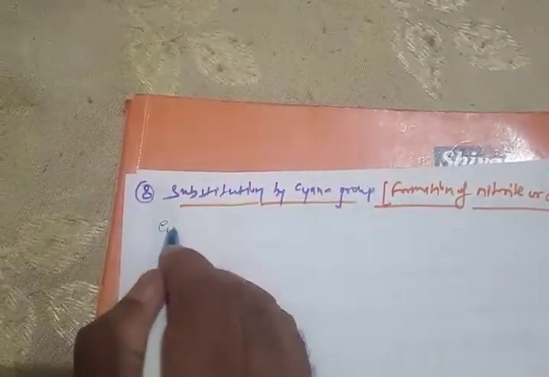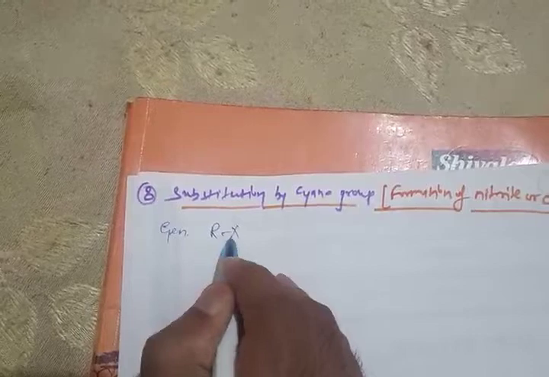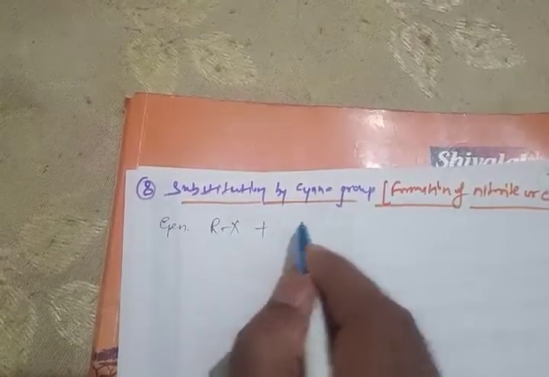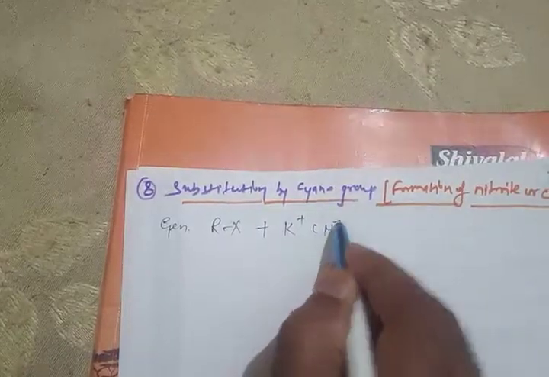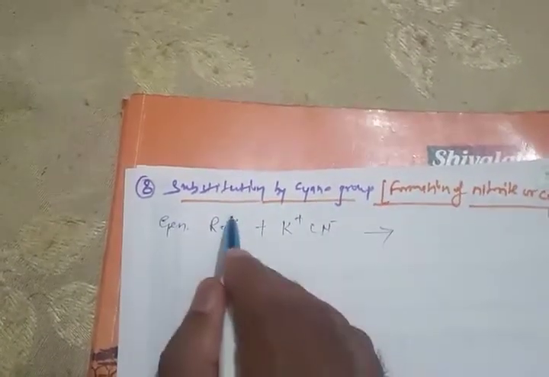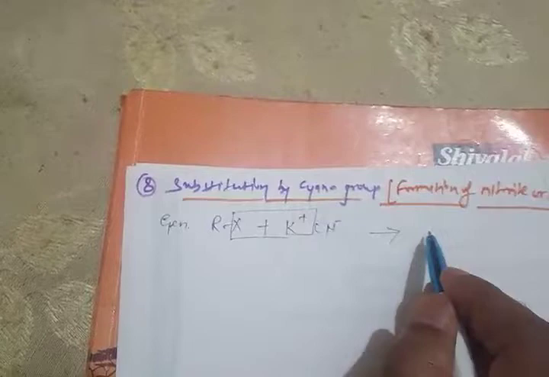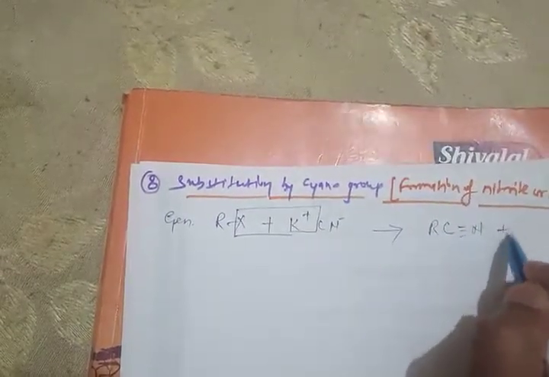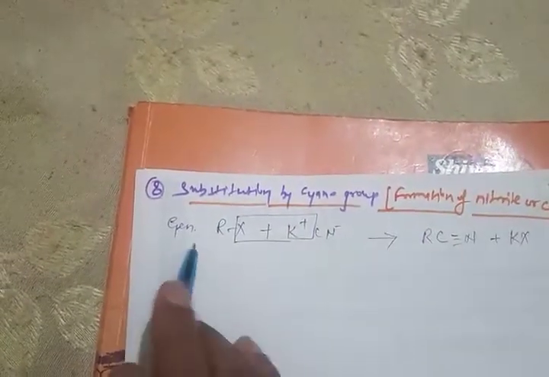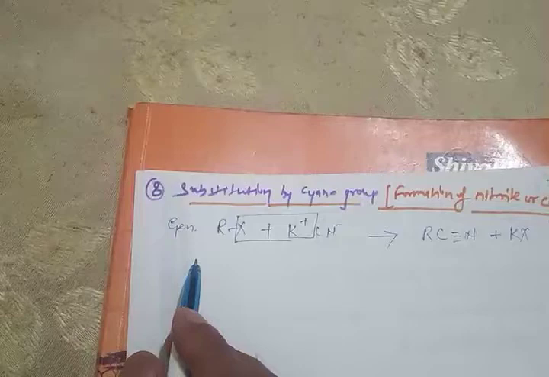The general equation I'm writing here is RX. Then we require a cyano group, so let's take the example of KCN, potassium cyanide. This will release KX, and what will we get? RC triple bond N and KX. Okay, so this is the general equation.